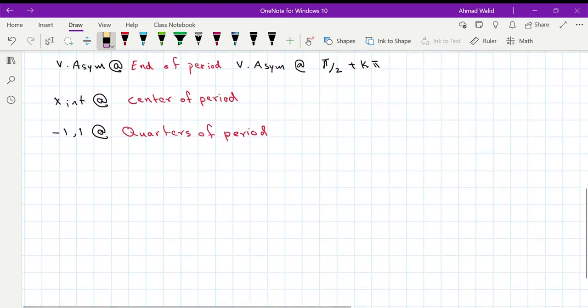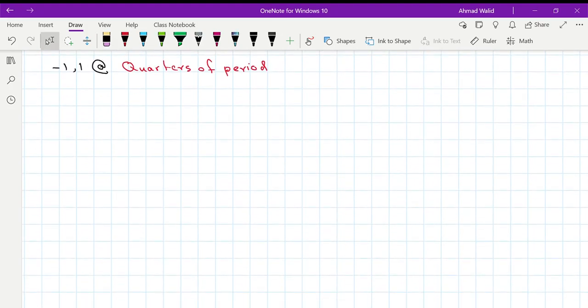Same way, we can do the graph of cotangent function. Let's talk about f of x equals cotangent of x. Correct?